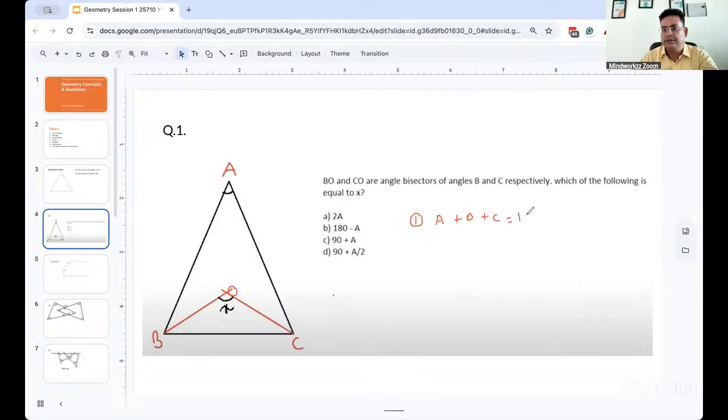I hope this is clear. Very straightforward. Now this angle will be what? If the total angle is B, what will be this angle? Please type your answer. What do you think will be this angle?